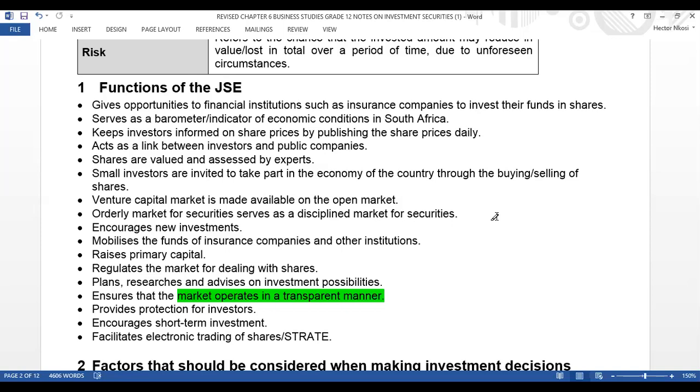So nothing is hidden, everything is transparent. That's another function of your JSE. Okay. Then it provides protection for investors. It encourages short-term investments. Also, it facilitates electronic trading of shares or STRATE.